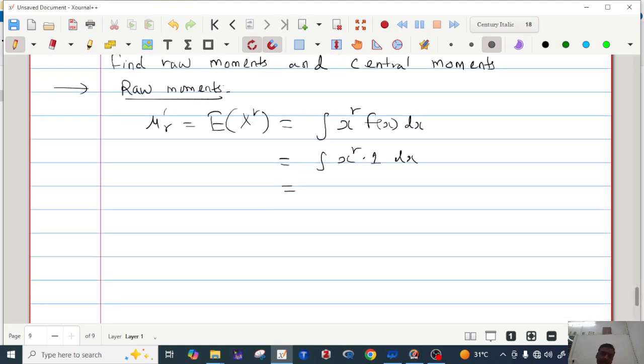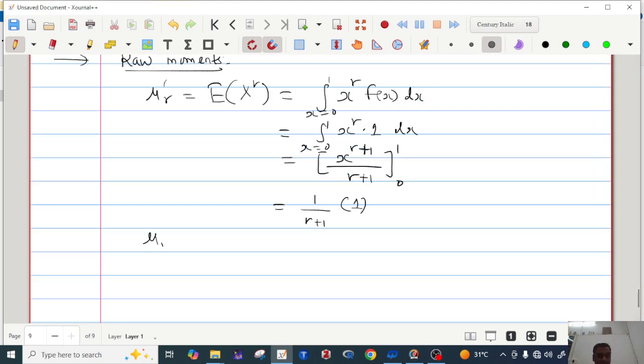Solve this: integration of x raised to r is x raised to r plus 1 upon r plus 1. The values of x are from 0 to 1. What range of x is given here? 0 to 1. Take this 1 upon r plus 1 outside. You plug in the values x is 1, 1 raised to something is 1. So what we get here, mu r dash is equal to 1 upon r plus 1.